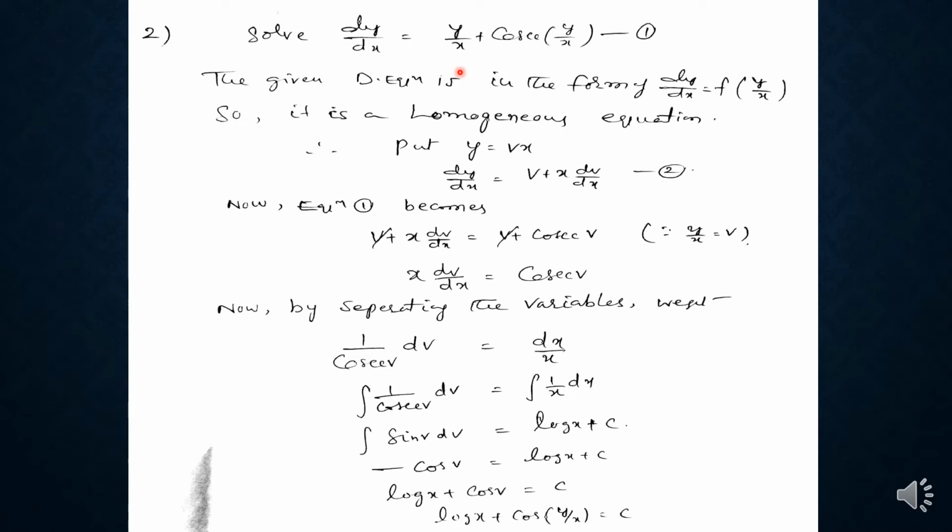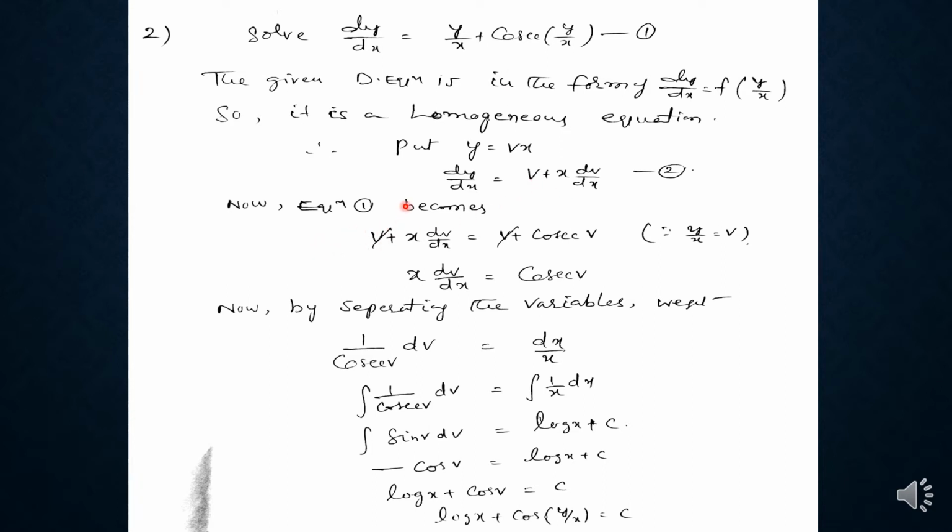Here we can see the variable is in the form of y by x and cosecant y by x. So dy by dx is equal to some function of y by x. It is also a homogeneous equation. For that, put y is equal to vx, dy by dx is equal to v plus x dv by dx.